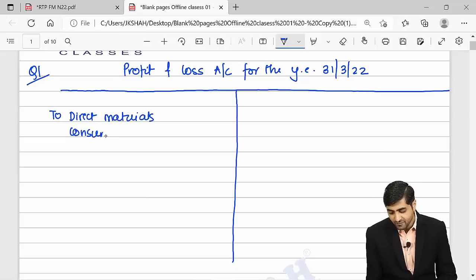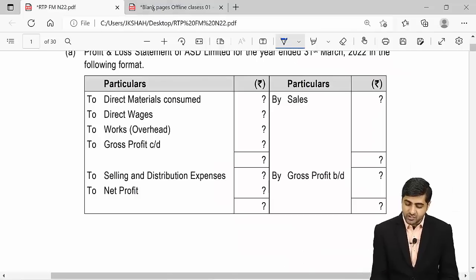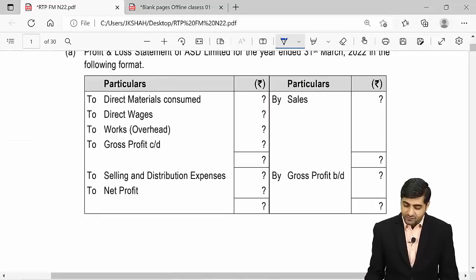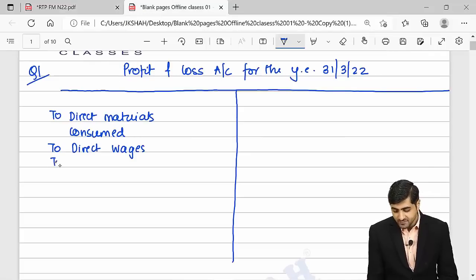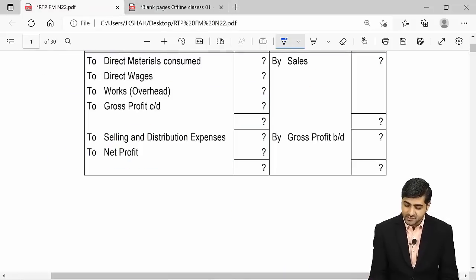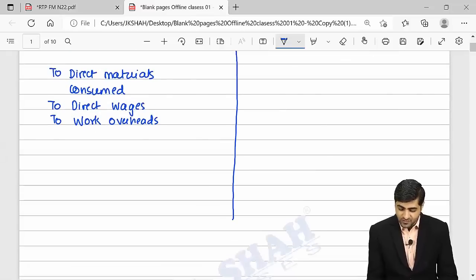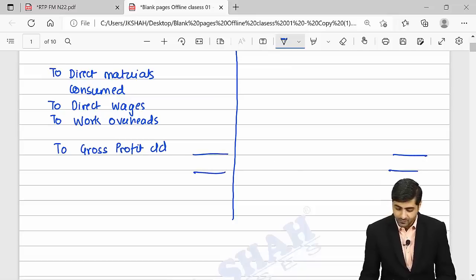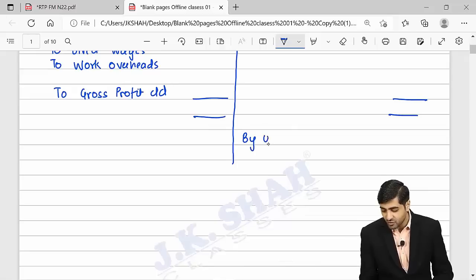Then the next thing is your direct wages. You can also solve this with me. After which we have to works overheads, which is also known as factory overheads, and then to gross profit carried down, and then I will be having by gross profit brought down.